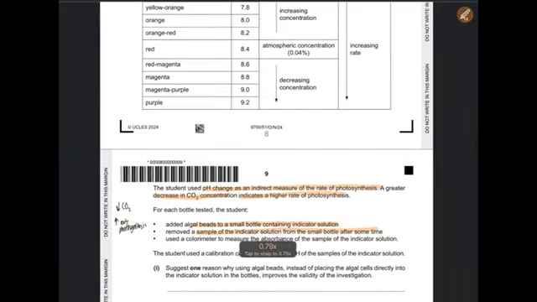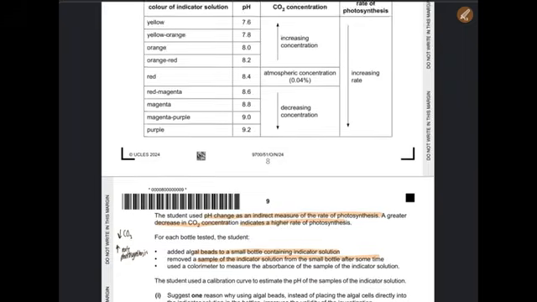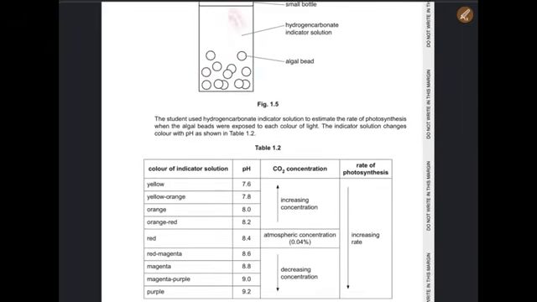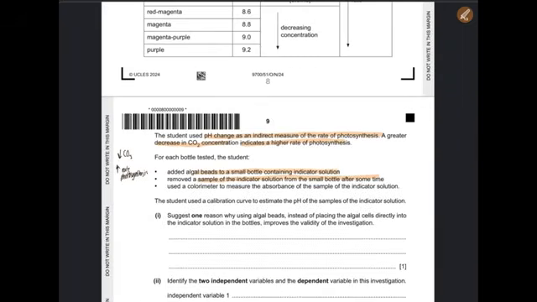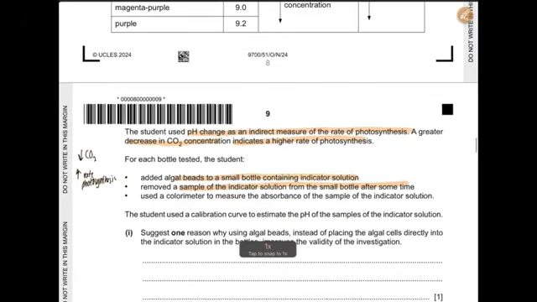After some time, that means when the photosynthesis has occurred, they take out this solution from the bottle. And then they will use a colorimeter to measure the absorbance of the sample of the indicator solution. Then the student used a calibration curve to estimate the pH of the samples of the indicator solution.